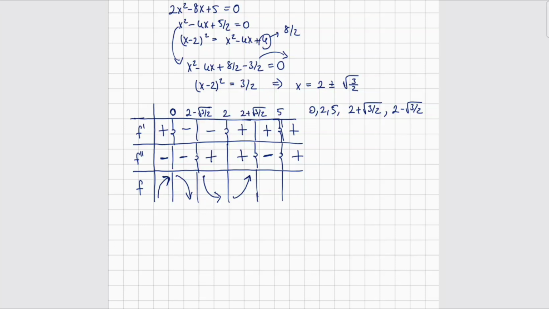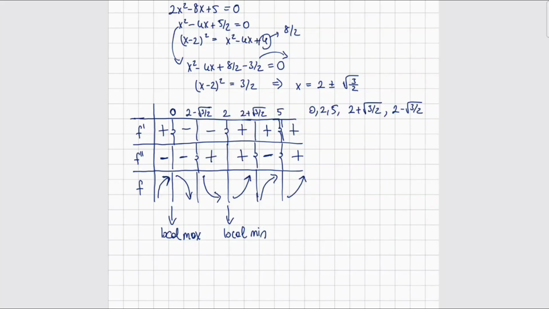Then increasing and concave down. And after that, finally, it's increasing and concave up. We clearly have a local maximum at x equal to 0 here, and we have a local minimum at 2.